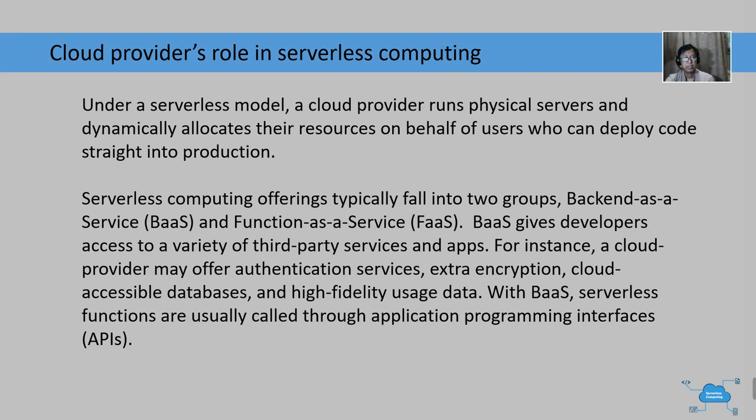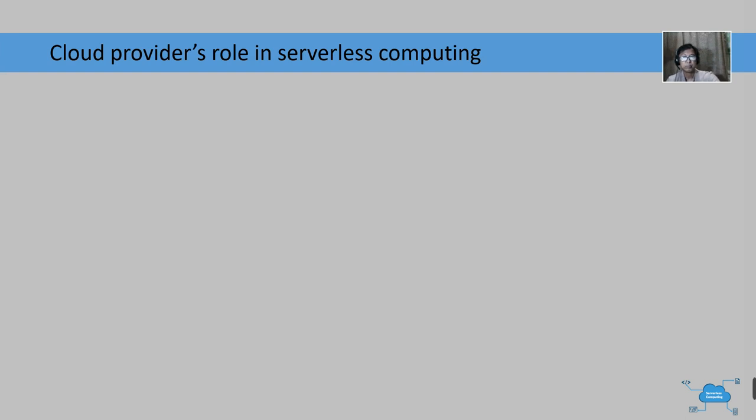With BaaS, serverless functions are usually called through application programming interfaces, or APIs. So with BaaS, you subscribe to APIs, and if you just use existing APIs to build a certain app that you'd like to develop, BaaS is for you.